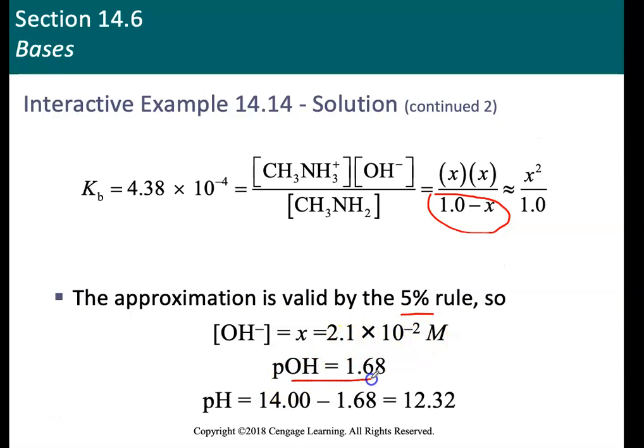We can work out the pOH, sorry, pOH, because this is OH. And then find the pH by subtracting from 14, 14 minus 1.68. So this is the answer. And we should expect it to be a base because this is greater than 7.